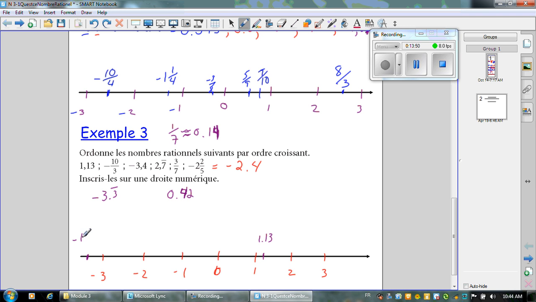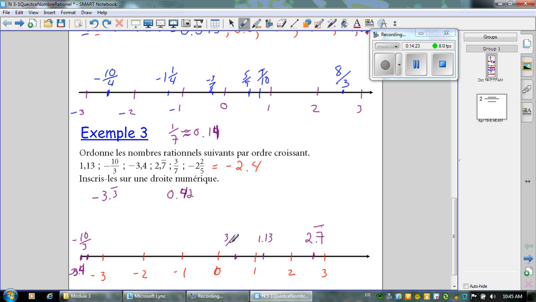Negative 3.33 would be around here. So that's -10/3. This one here, negative 3.4, would be just after that one, around here. This one here is actually smaller. 2.07 repeated would be here. 3/7 is 0.42, around here, almost halfway.